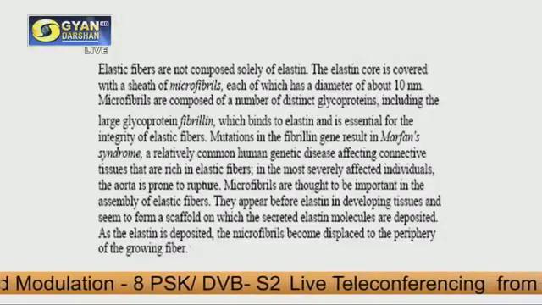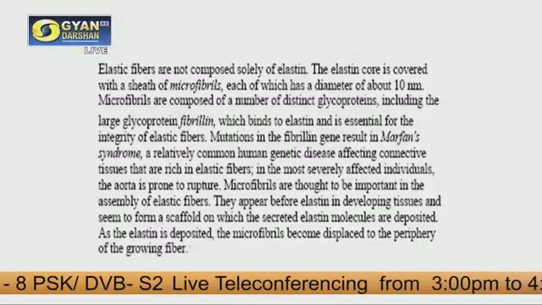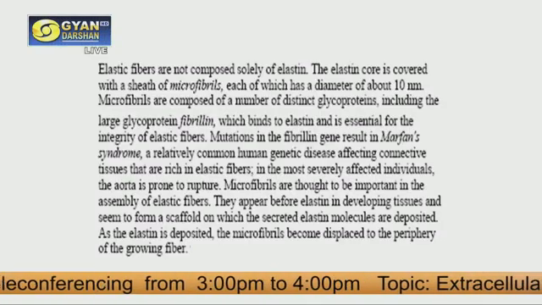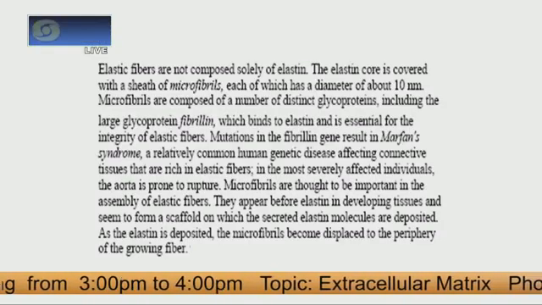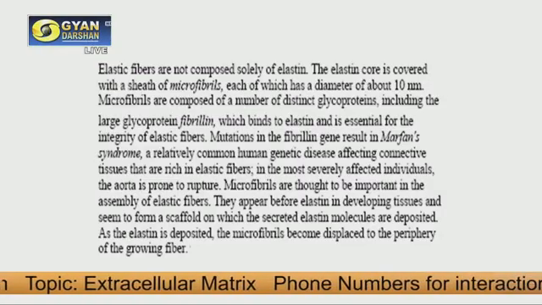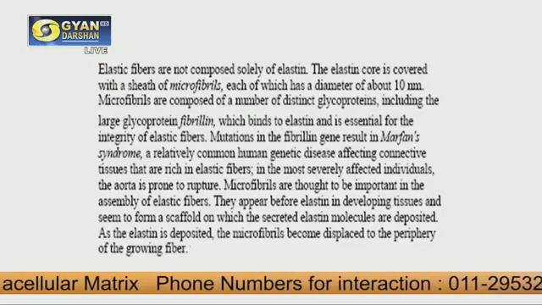Elastic fibers are not composed solely of elastin. Apart from that, they also have another component: the elastin core is covered with a sheath of microfibrils, each with a diameter of about 10 nanometers.